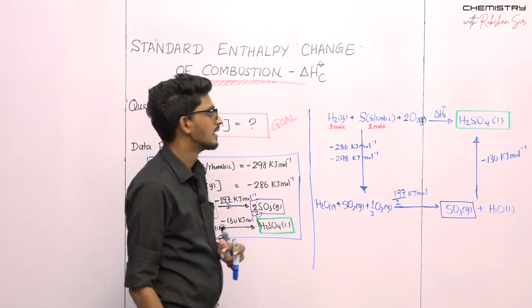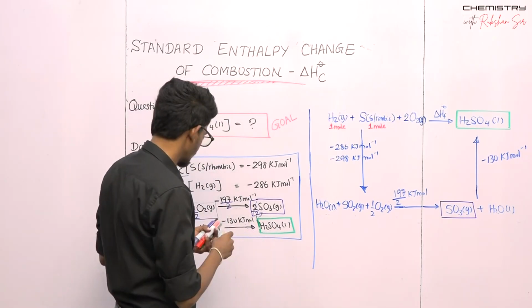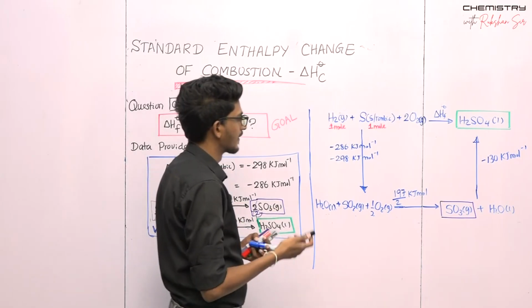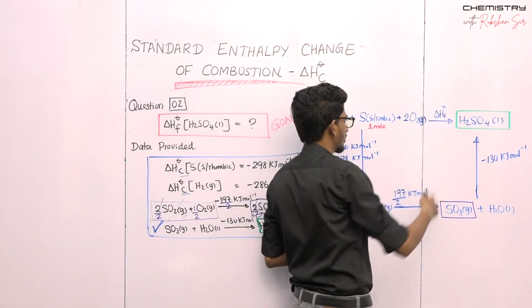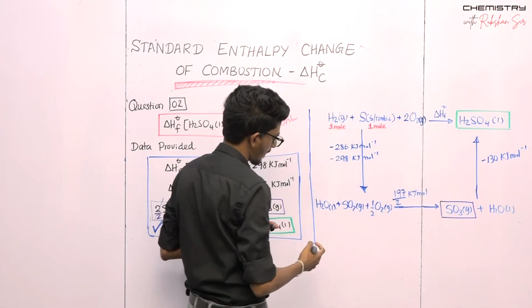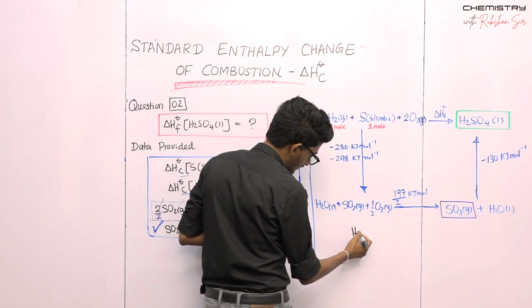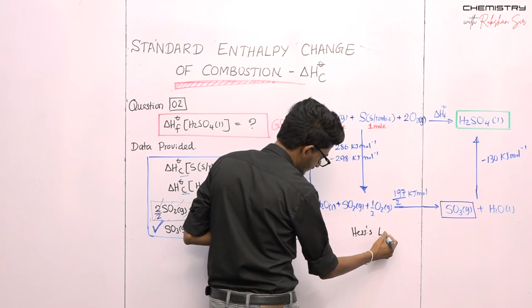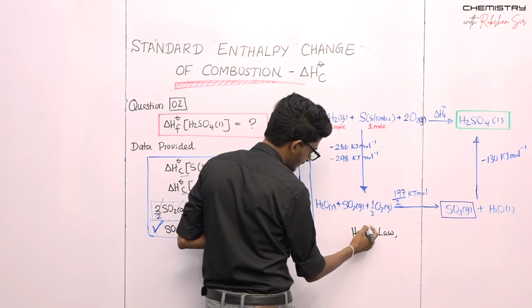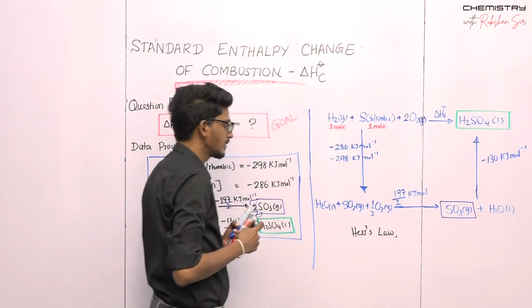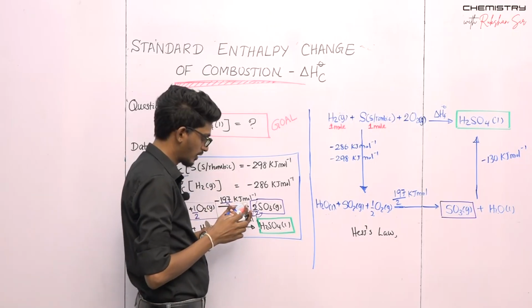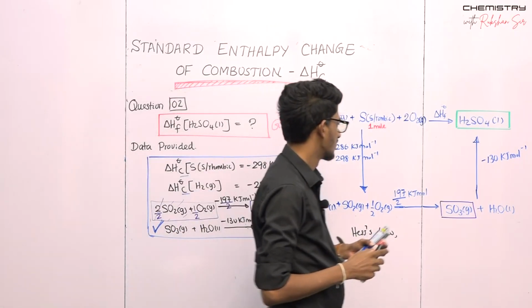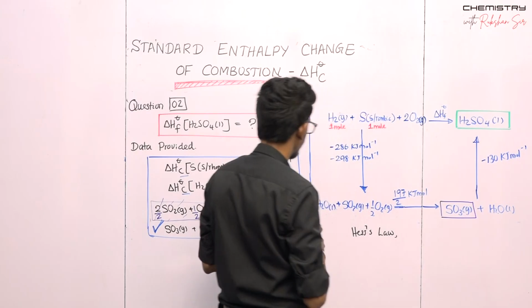Done, right? Now use Hess's law to come up with the required delta H value. So you have to come up with the initial and final states, right? So what is the initial and what is the final?